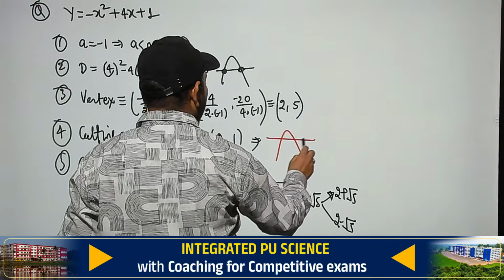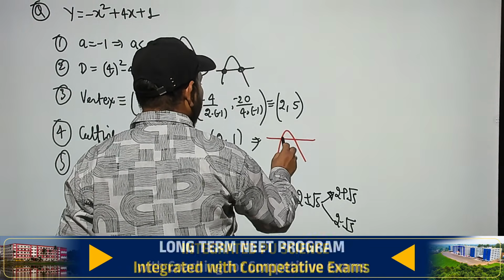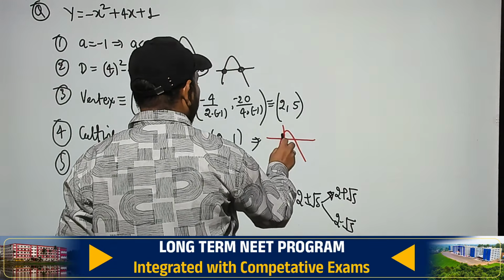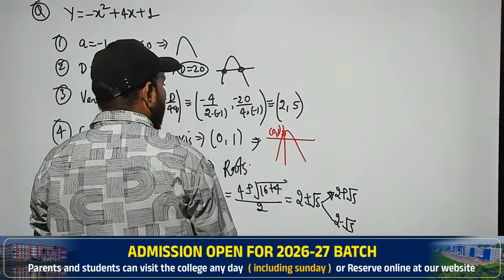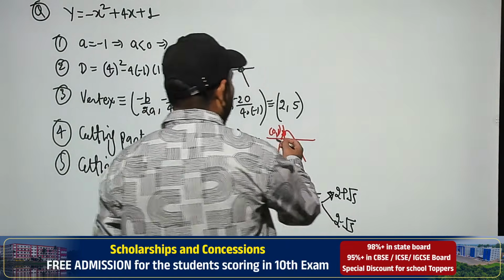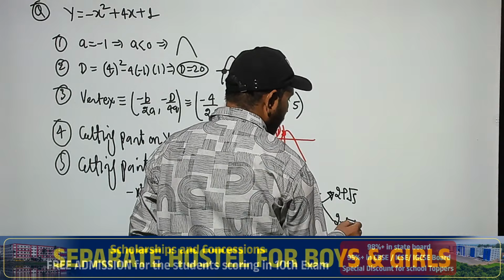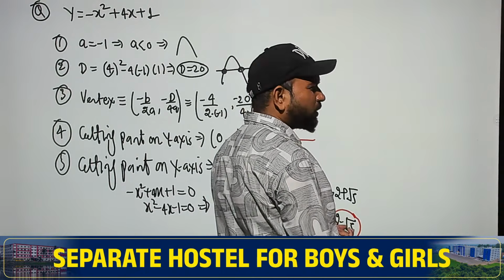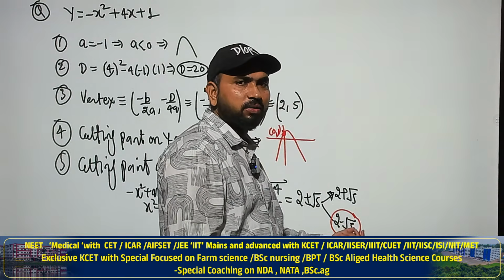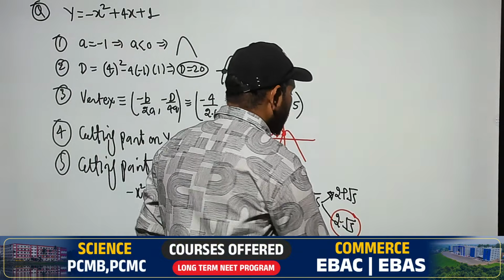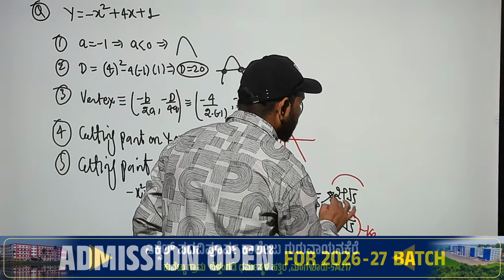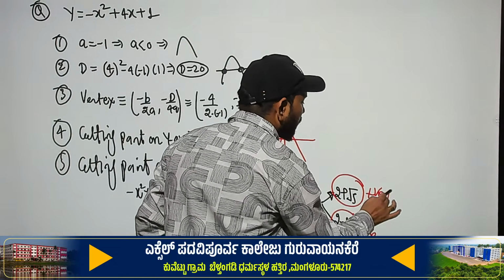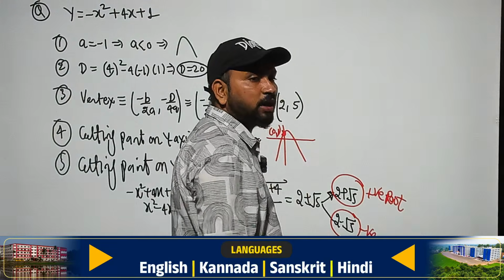Root 5 value is 2 point something, so 2 minus root 5 is on the negative side. Negative root, positive root.